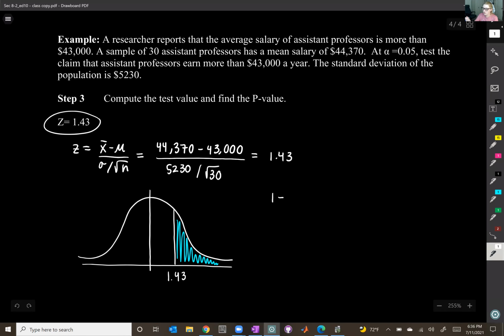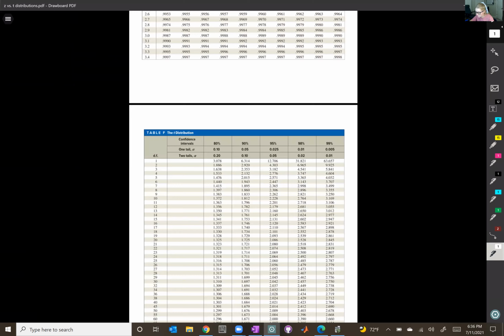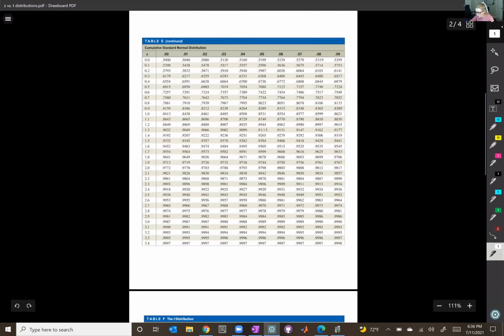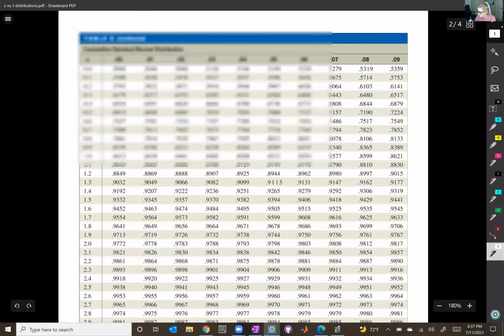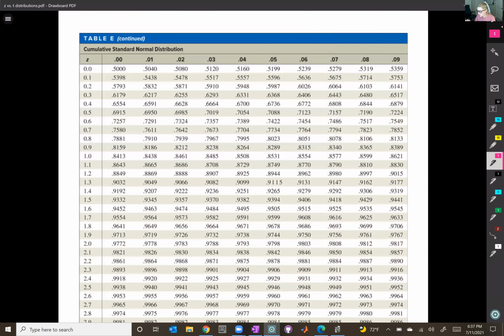So let's go to our little table here. Okay, and I'm going to come to 1.43. At 1.4 and then 3, these intersect at 0.9236.